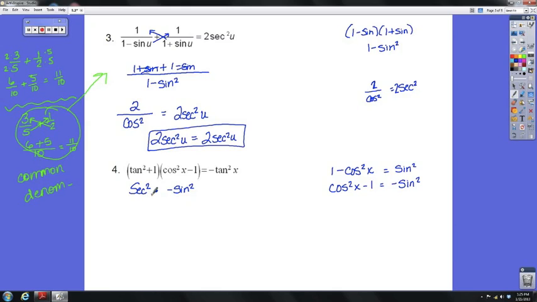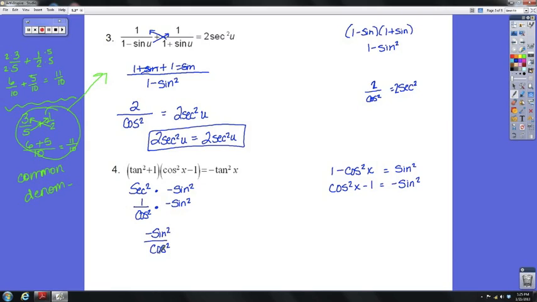Okay, turn things into terms of sines and cosines. So secant squared is 1 over cosine squared times negative sine squared. And always look at where you're headed. You're trying to end up at negative tangent squared. So if you multiply these together, that's negative sine squared over cosine squared.